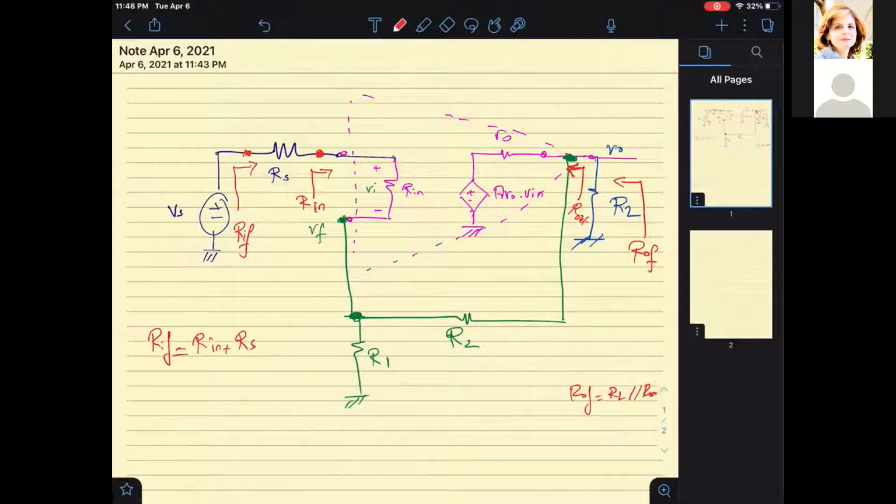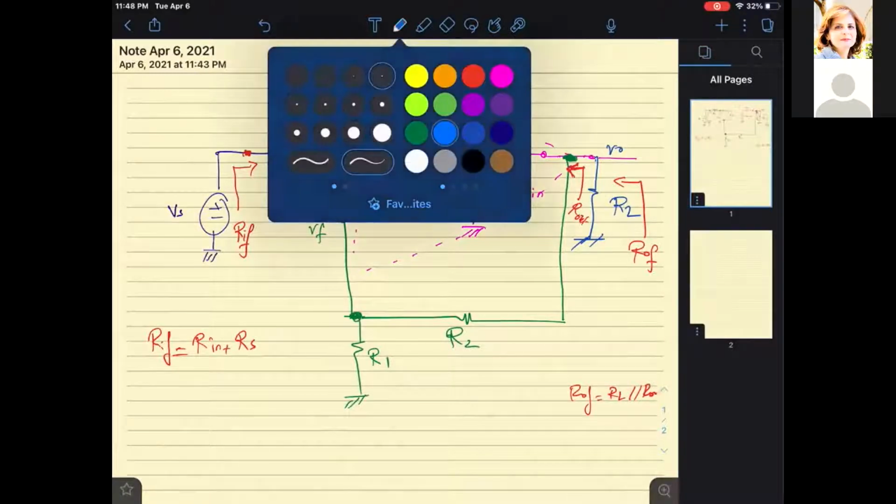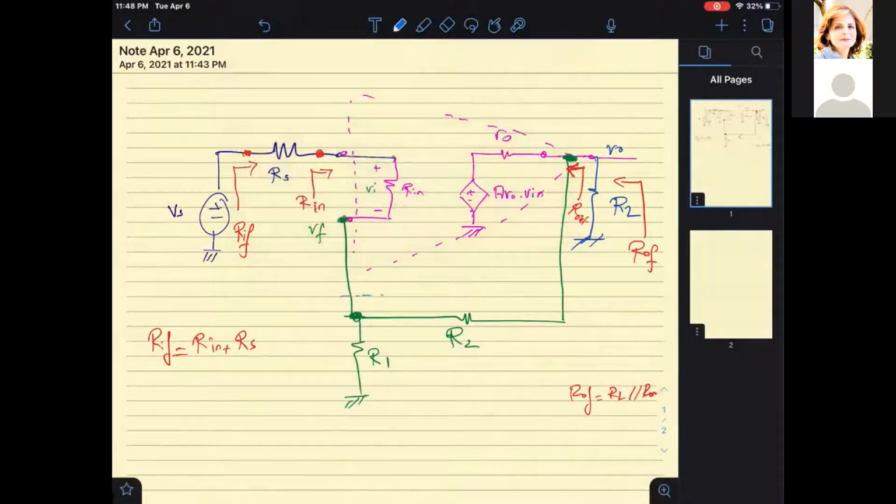Okay, now we know that the feedback block is this block. So this is the beta block. And we're going to start with it, and then we're going to build the modified A block.